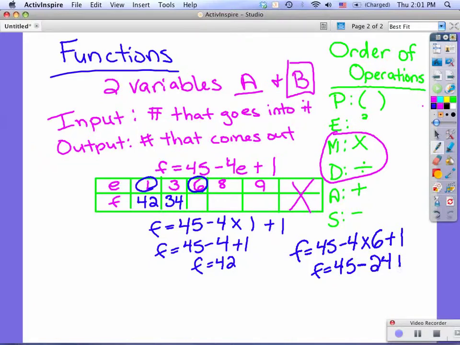And then I just go in order. 45 minus 24. So we have 21 plus 1 is 22. F equals 22.